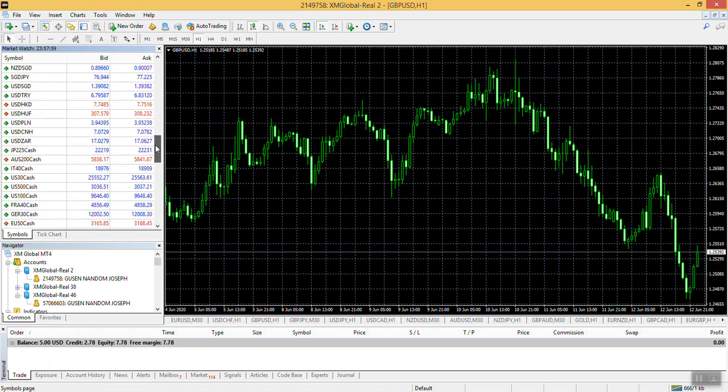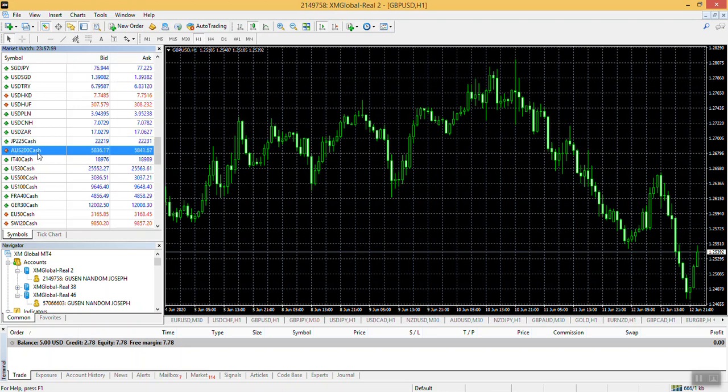Okay, the next thing we trade aside the currencies are the stocks. I'm sure you must have been hearing about the stocks, the Nigerian Stock Exchange, the London Stock Exchange, the France Stock Exchange and all the rest. So that's another thing we trade in here. Now this is the Japanese stock, called JP225 cash.